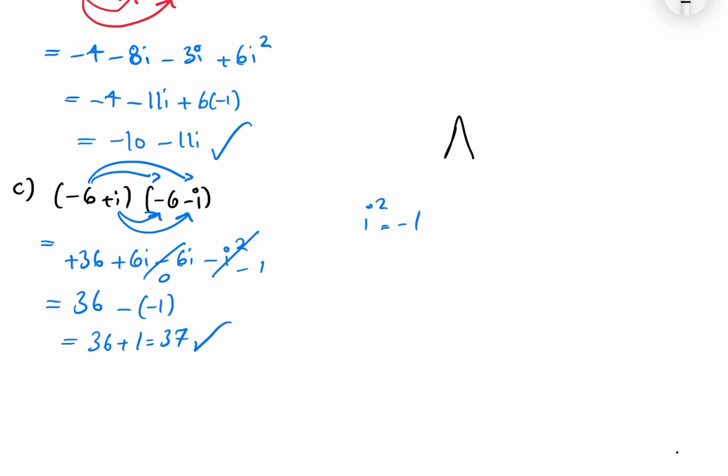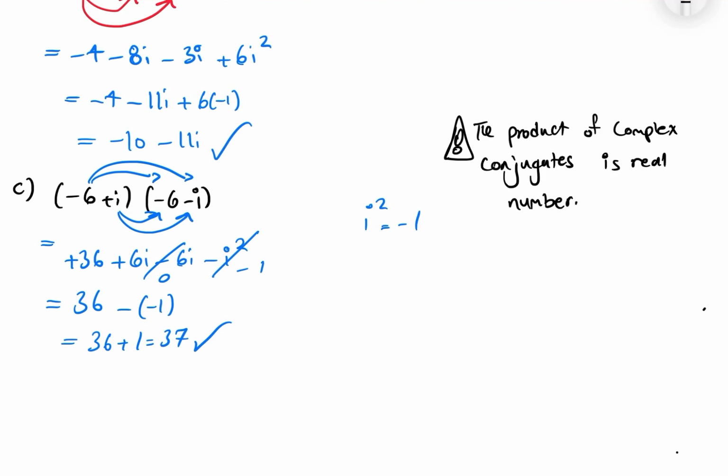If you forgot what a conjugate is, it's basically the opposite of the other term. So basically, we come to a conclusion. The product of complex conjugates is a real number. This is a good thing to know. Once again, the product of complex conjugates is a real number.